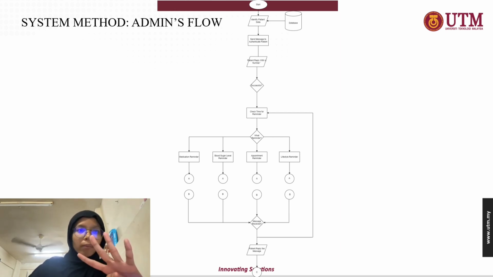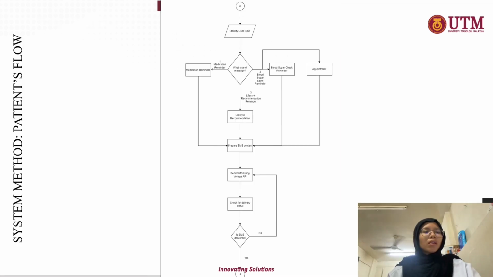So we have 4 reminders: the medication reminder, blood sugar level reminder, appointment reminder, and lifestyle reminder. Okay, so the patient flow is a bit easier because the medium for the patient is just SMS, so they will receive the SMS message and reply to it according to the category of the SMS.